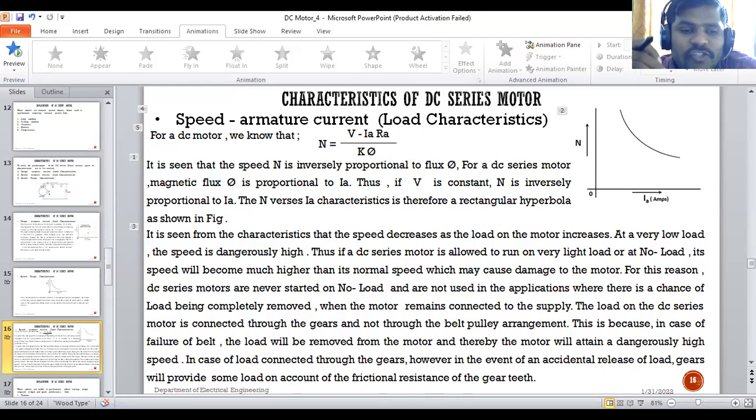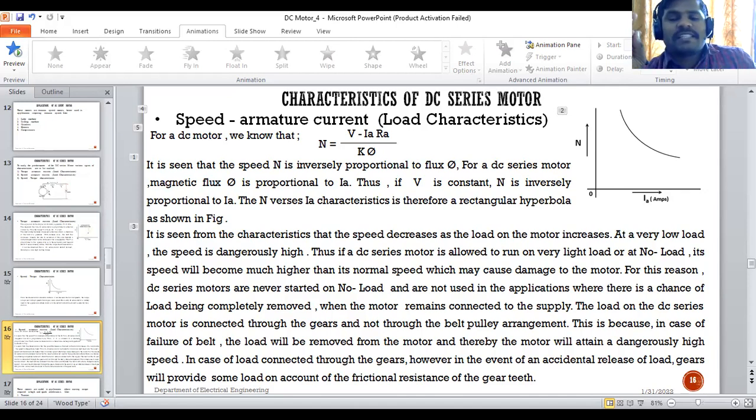Okay, so in case of load connected through the gear, जर gear through load connect केला असेल, however in the event of an accident, release of load, gear will provide some load. जर ती मोटर आपण gear through use केली, and unfortunately the load on that motor is removed due to an accident, but some load of that gear will be present. त्या गिअरचा काहीतरी लोड मोटरवरती प्रेझेंट असतो.